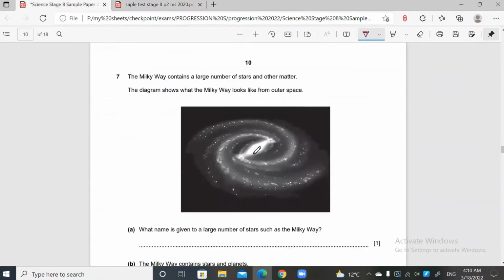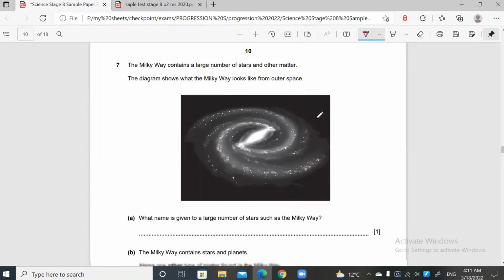Let's go to question number 7, which is asking about the solar system, Earth and beyond. The Milky Way contains a large number of stars and other matter. The diagram shows what the Milky Way looks like from outer space.